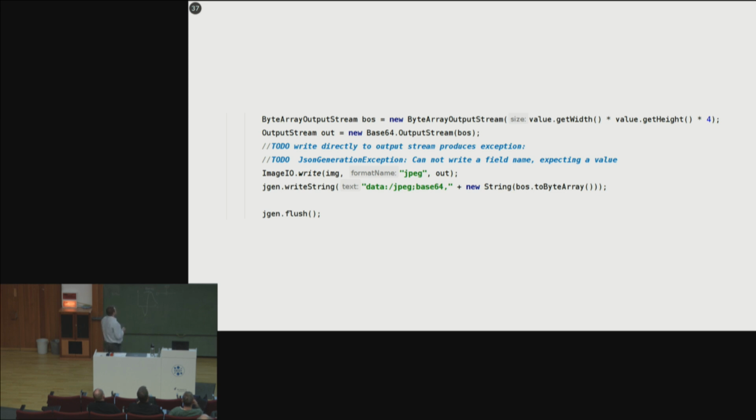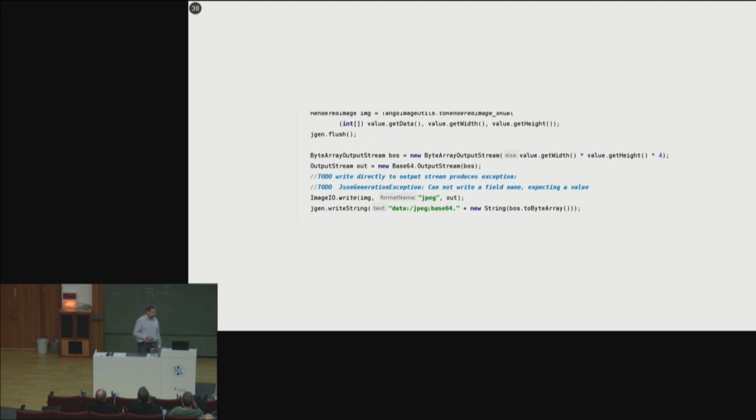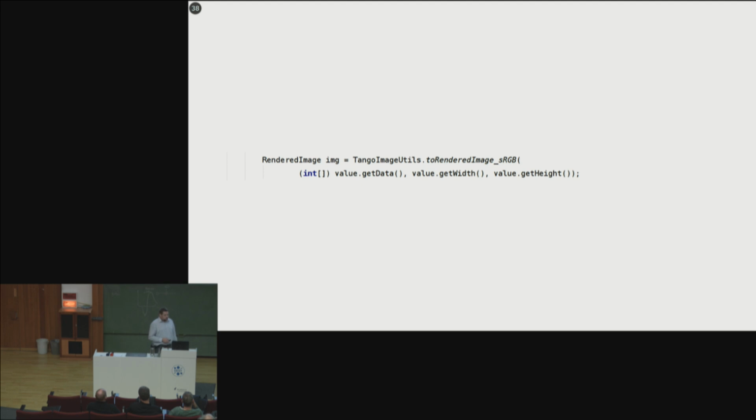The thing here is that we have to produce this temporary string, because if we try to write this byte array directly into the response output stream, there was an exception, and I have not really solved this. So if you have ever encountered this, I would be happy to hear a solution. It would be nice to get away from this temporary string object. And how does it get the image? Well, again, it's quite simple. We are using our facade library.